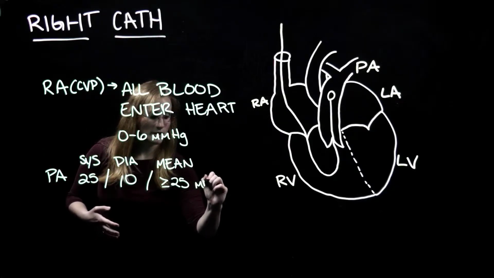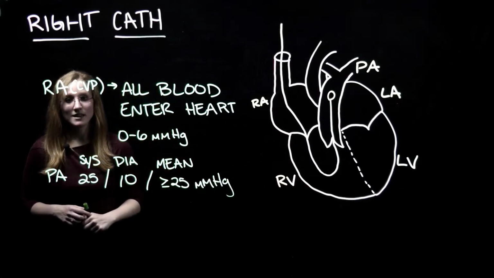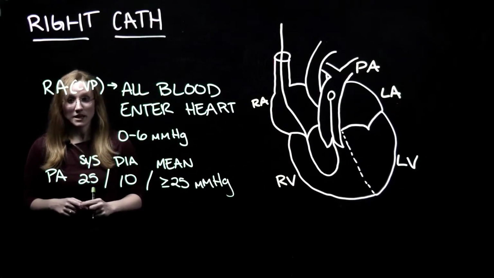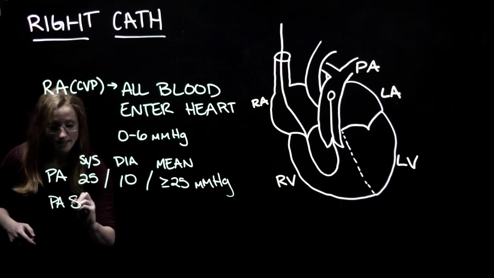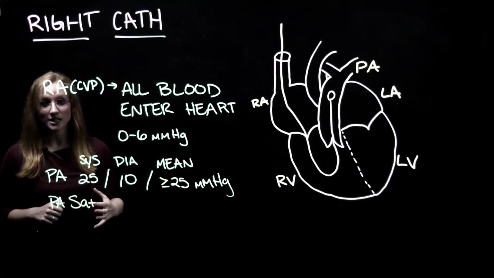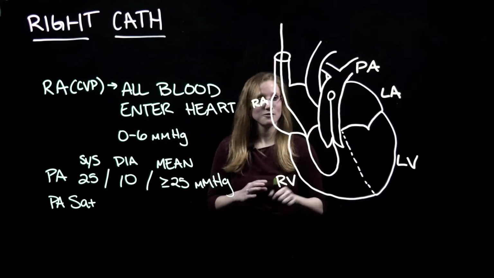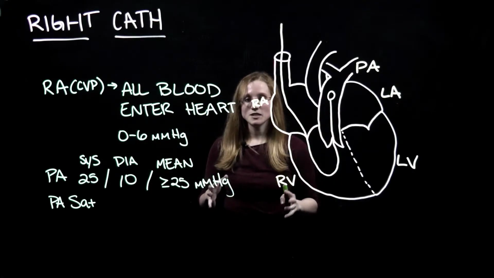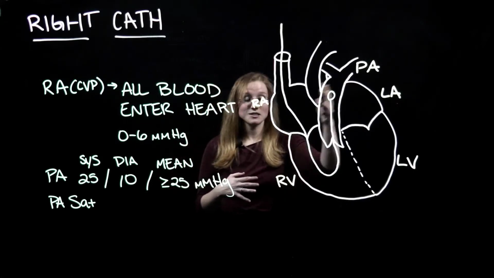So these are our markers to assess the right side of our heart. We also get another PA measurement that's called the PA sat. This is the saturation level of oxygen in this middle artery, right before blood mixes and gets to the lungs.